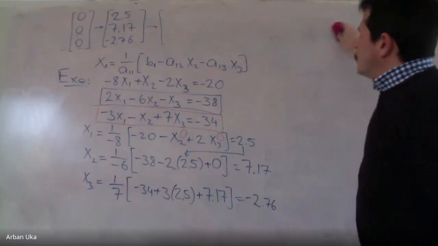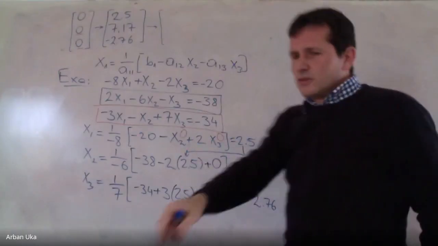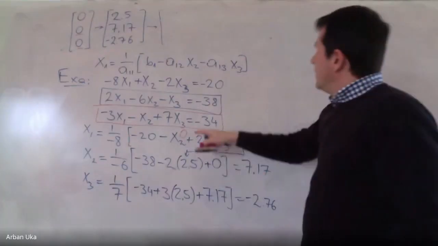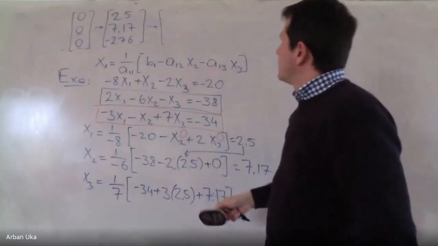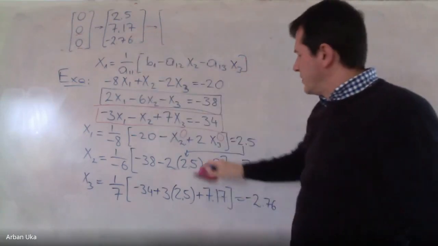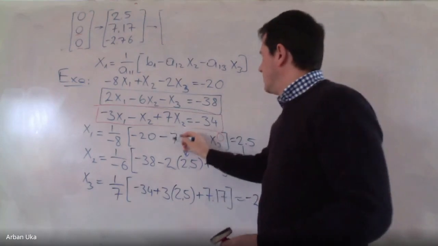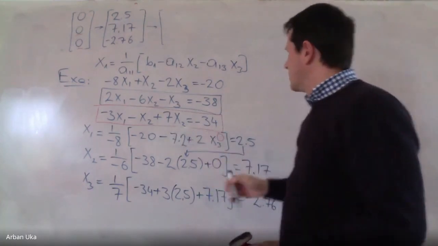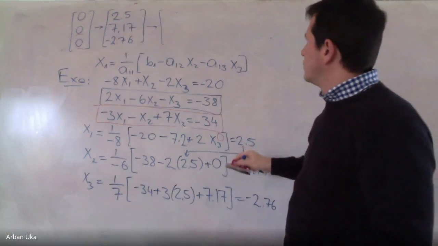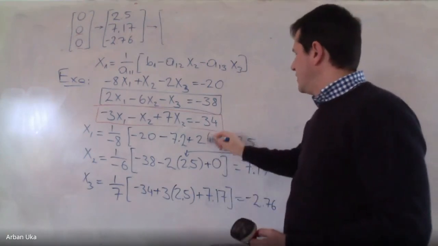So once we apply the second iteration, let's see what we get. Here, for x2, we have to insert 7.17. We read those values from there. So this is minus x2, 7.2. Let me do it like this. x3 is minus 2.8. I'm going to write the approximate value here.